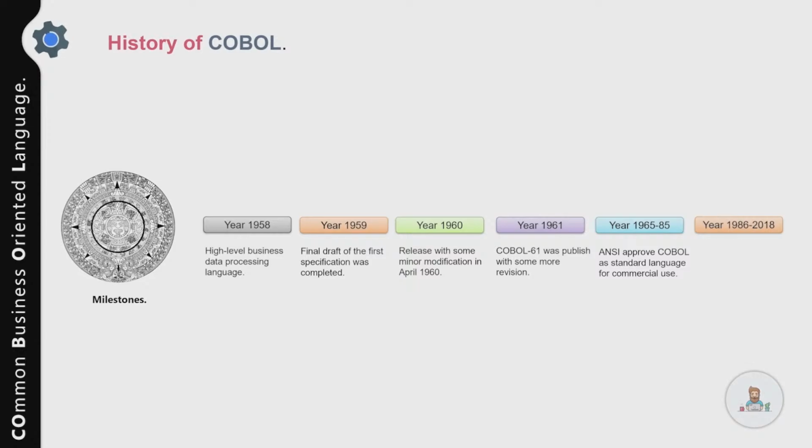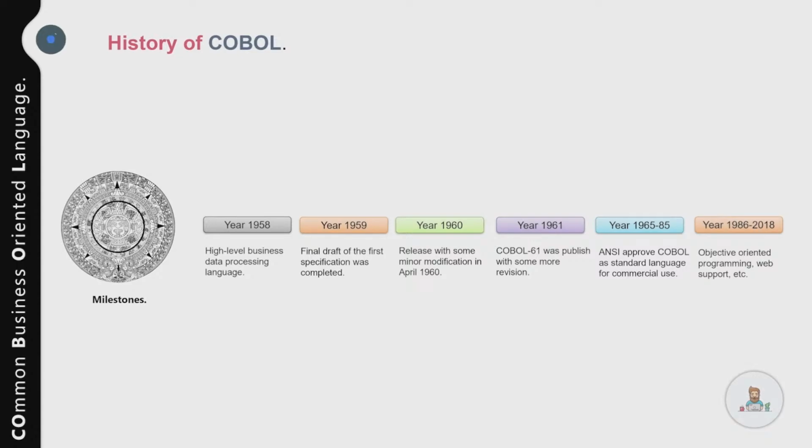This version of COBOL is known as COBOL 68. From 1968 till 1985, multiple versions of COBOL were released with additional features. Multiple versions of the COBOL compiler were released between 1986 and 2018 with features such as object-oriented programming, web support, and many more.